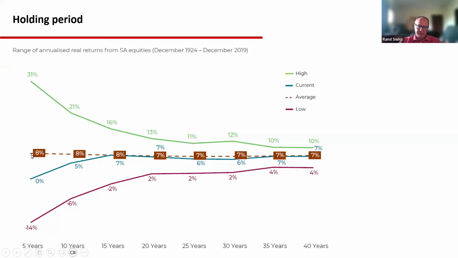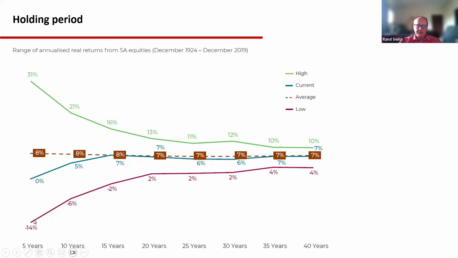The average it gives you is here on the brown dotted line. Over a 10-year period, minus 6, 21 for SA equities. And you can see what's happening here. So that's the only point I'm trying to make. The longer the time frame, that's how we get rid of this volatility.